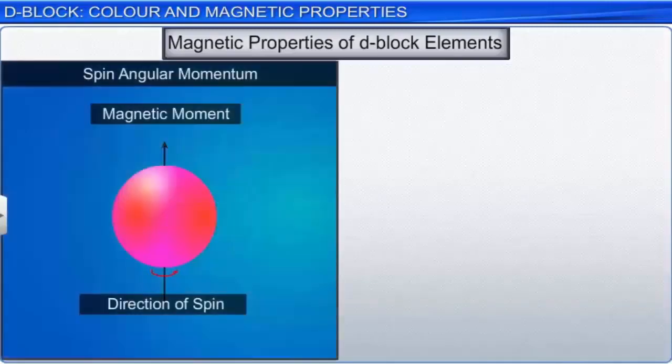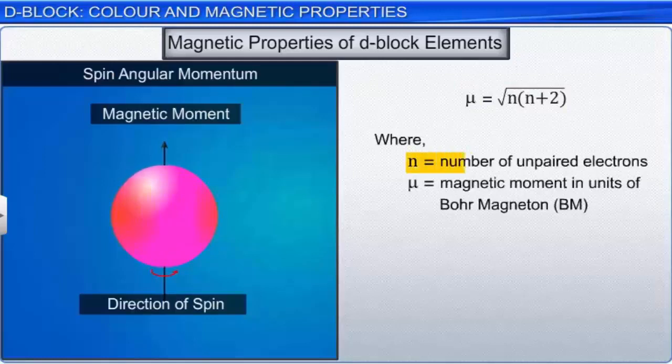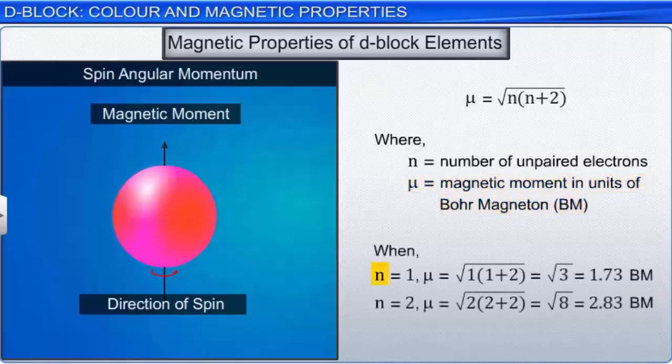Here, n is the number of unpaired electrons. When n is equal to 1, the magnetic moment is equal to 1.73 Bohr magnetons, and when n is equal to 2, we get 2.83. In the case of iron, cobalt and nickel, the unpaired electron spins are much more pronounced. As a result, these elements are much more paramagnetic than the rest of the elements.